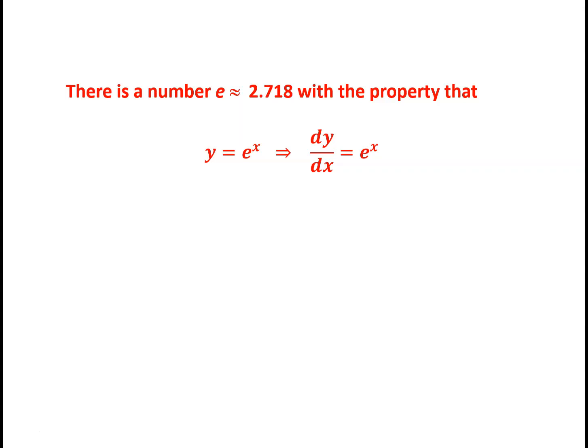So there's a number e, somewhere around 2.718, with the important property that if we have y equals e to the x, then the gradient dy by dx is also e to the x.